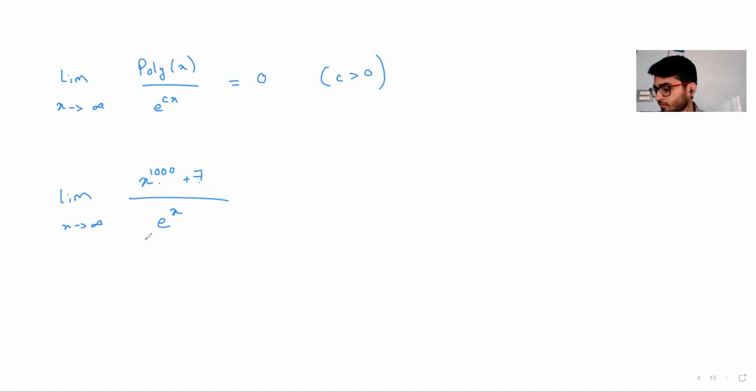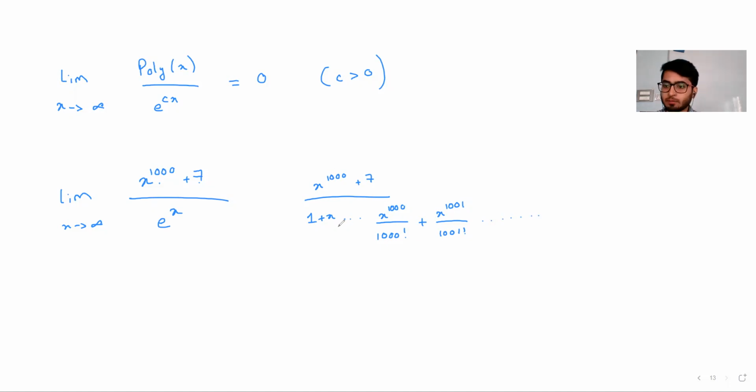How? This can be written as x to the power 1000 plus 7 over e to the power x, which is 1 plus x, and so on. There would be one term of x to the power 1000 by 1000 factorial, another term of x to the power 1001 by 1001 factorial, and many more terms in the denominator.